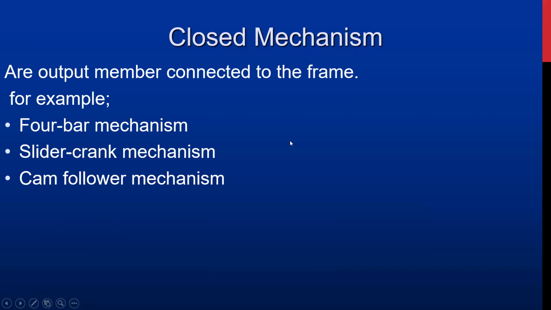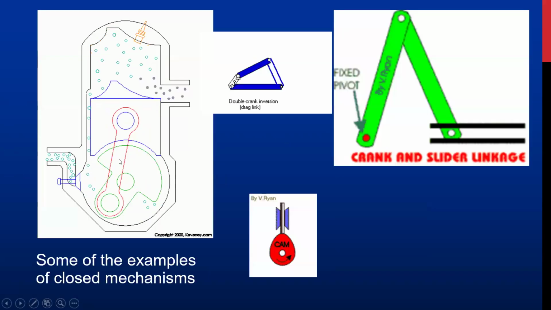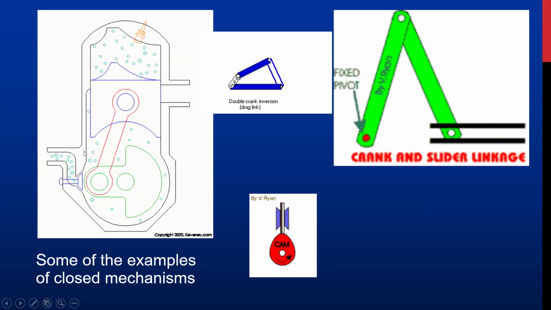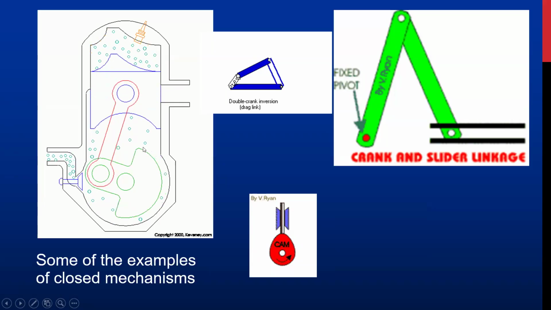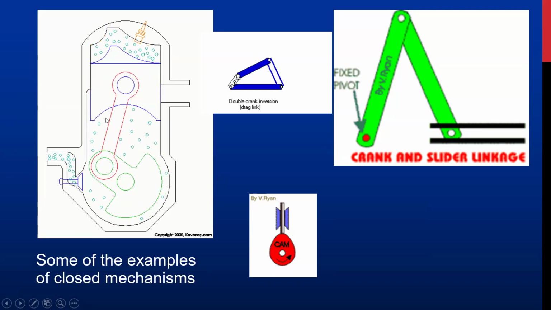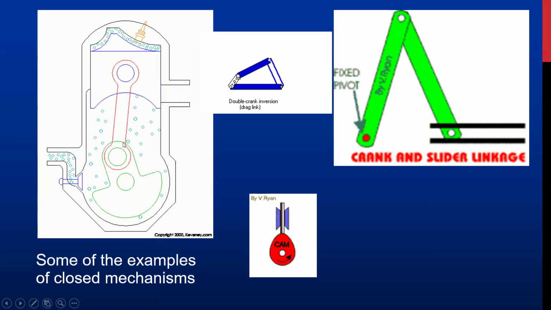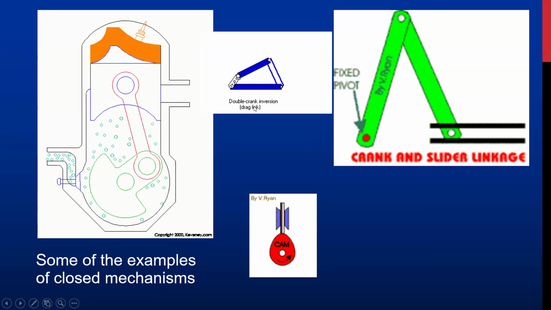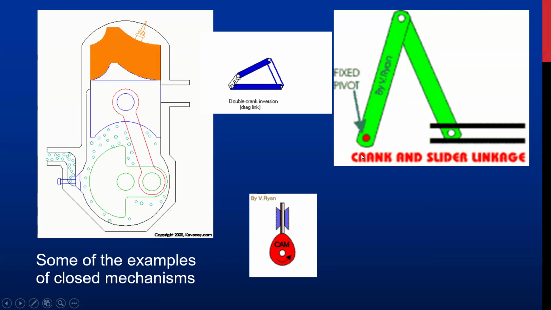All right. For example, this is your engine, which is a double crank mechanism. This is how your engine runs and produces the power needed to run the wheels of your vehicle. We also have the double crank inversion, the drag crank. We also have the slider.